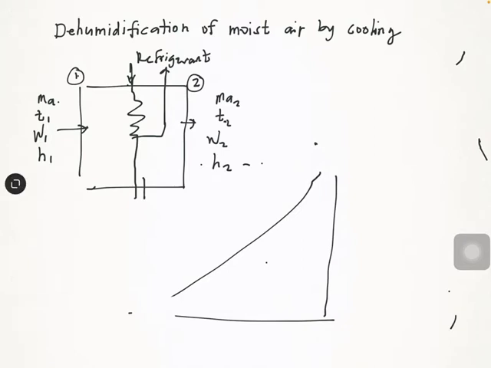Okay, so this is our point 1, and here this is point 2. Okay, so we have here T2, and we have this T1 here.